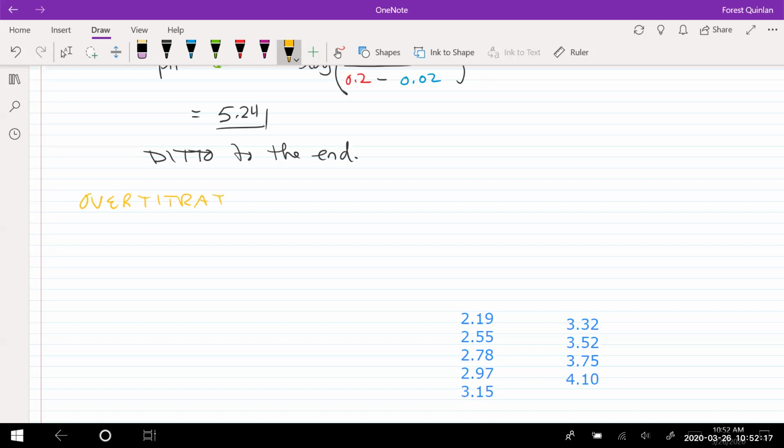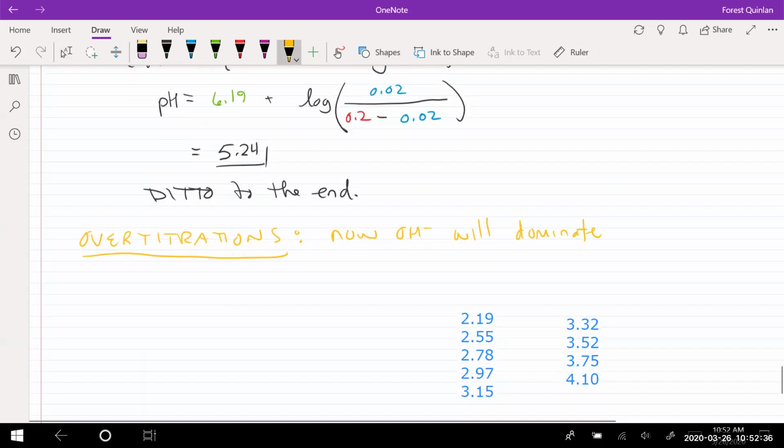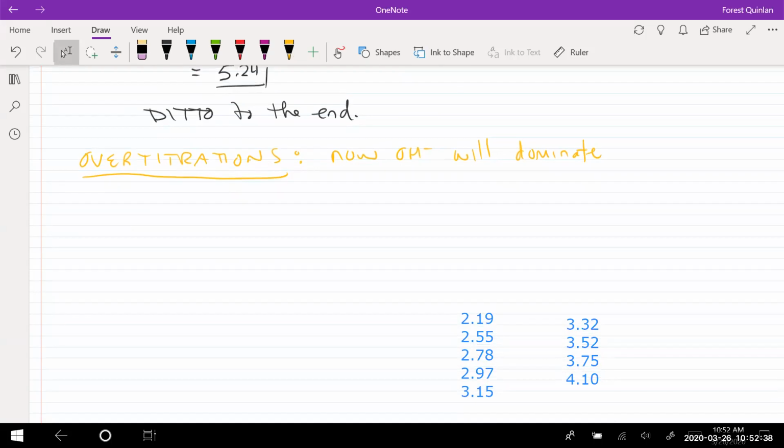So the over titrations. Remember, now OH minus will dominate once again. I have to move that because the chat thing's in my way.